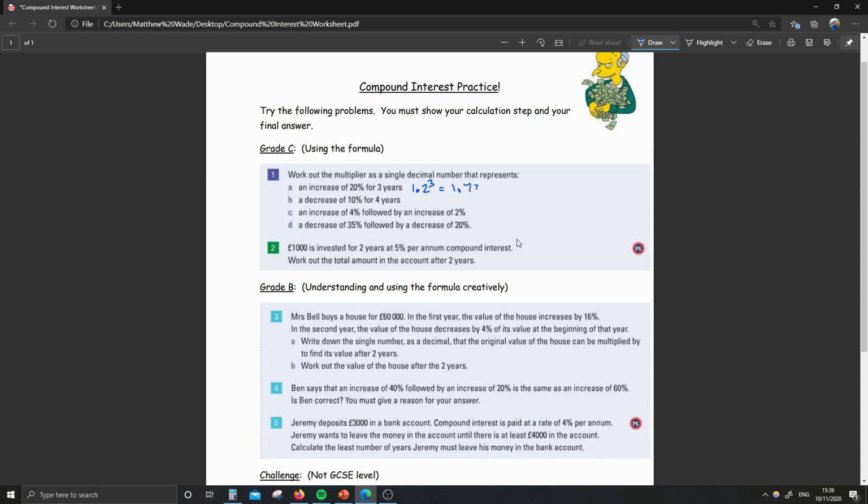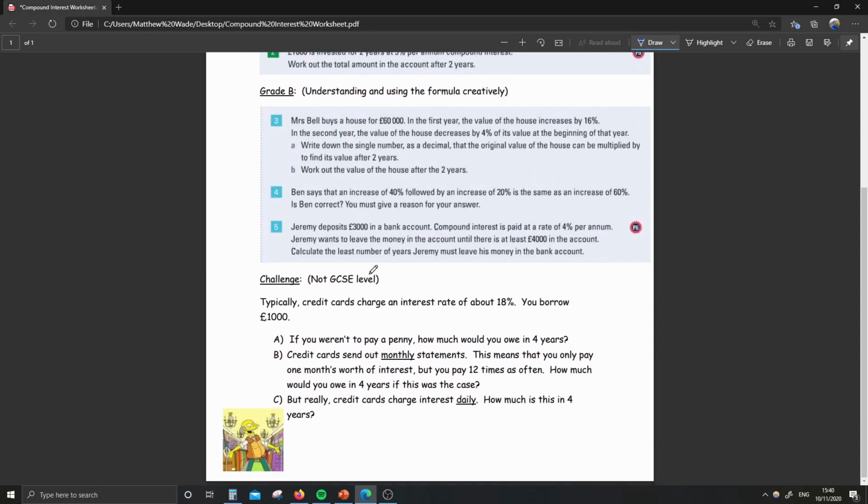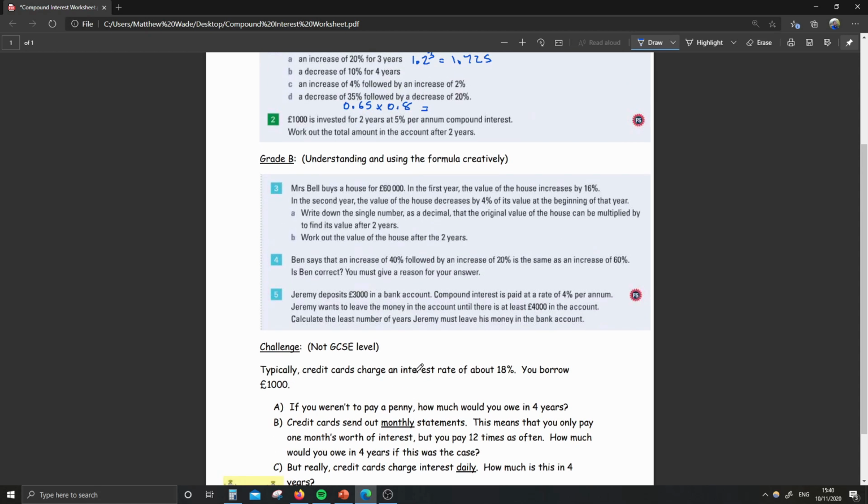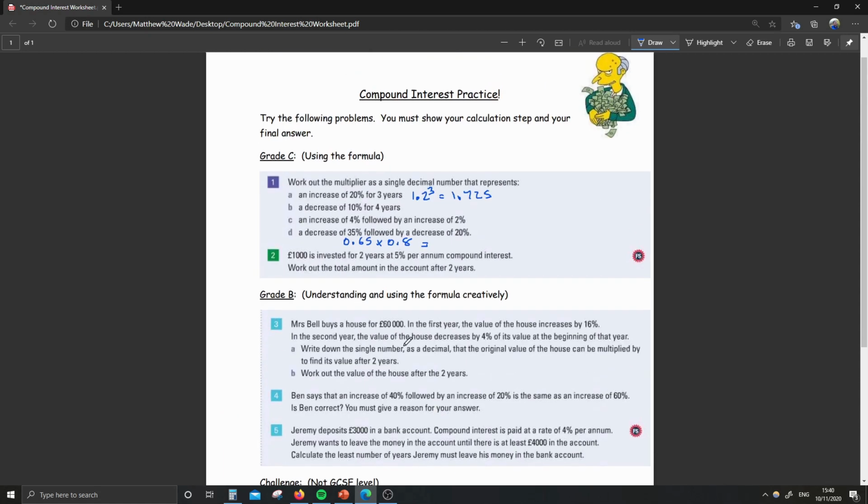That's all these first ones want. This one here, a decrease of 35% means 0.65 remains, times by a decrease of 20%, 0.8, and then you get whatever your answer is there. That's how you do that. This is normal, and this bottom one, a challenge, is a really good, really tricky challenge. So I want you to do this sheet first.